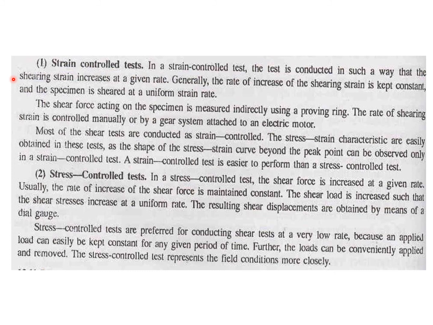Generally, the rate of increase of the shearing strain is kept constant and the specimen is sheared at a uniform strain rate. The shear force acting on the specimen is measured indirectly using a proving ring. The rate of shearing strain is controlled manually or by a gear system attached to an electric motor.